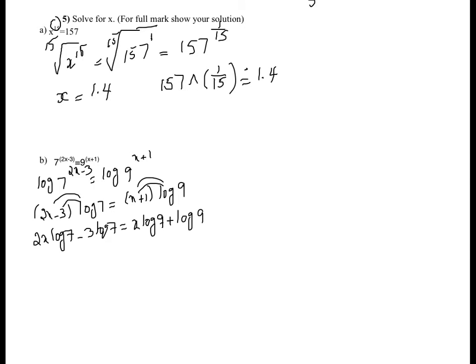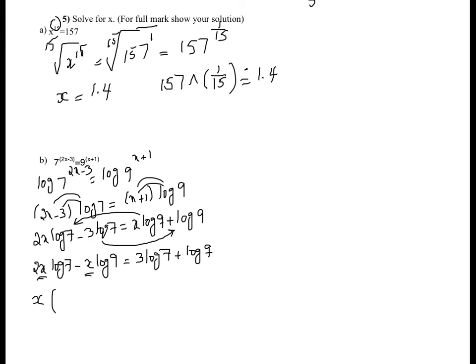Since I'm trying to isolate x, I'm going to collect all the x's on the left, so I move this one to the left, and all the numbers on the right, so negative 3 log 7 to the right. So I get 2x log 7 minus x log 9 is equal to 3 log 7 plus log 9. Now I'm going to factor x out, so I get x times (2 log 7 minus log 9) is equal to 3 log 7 plus log 9.